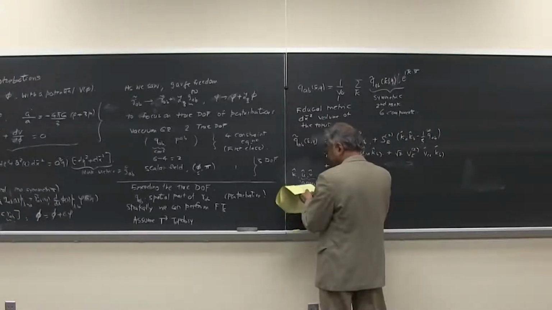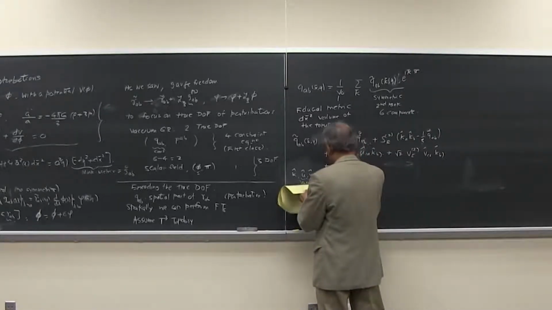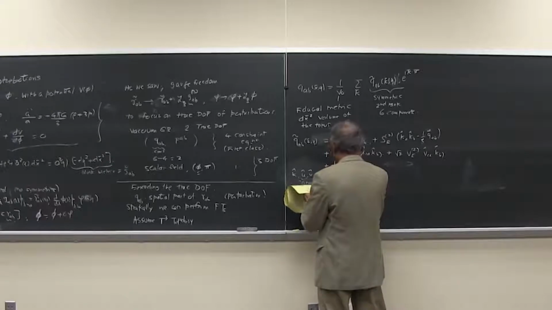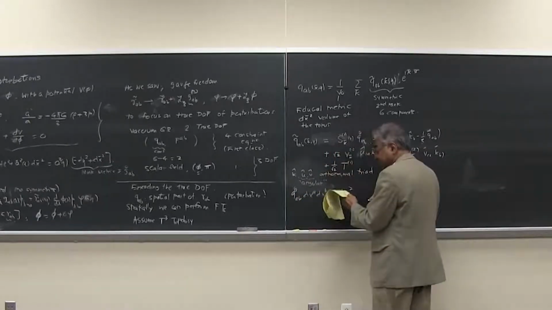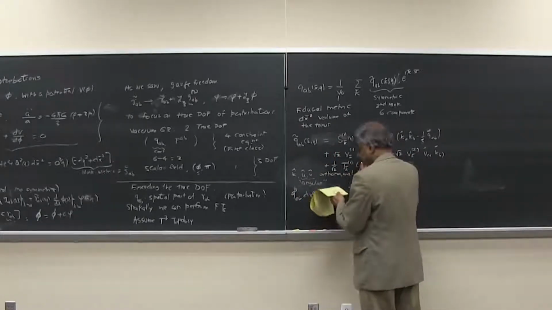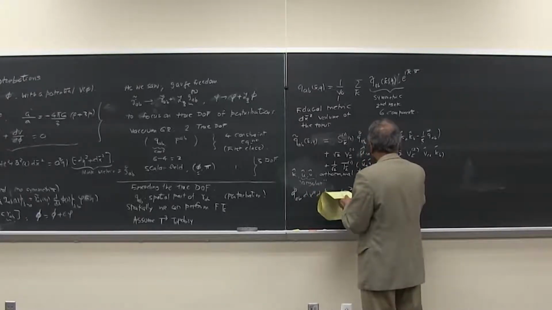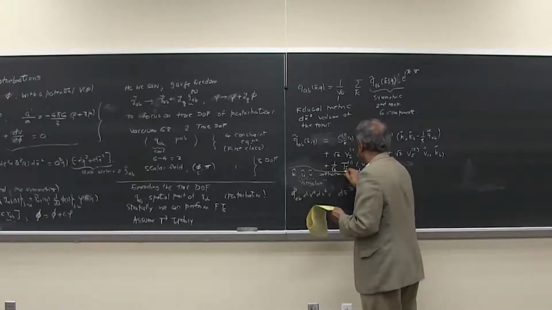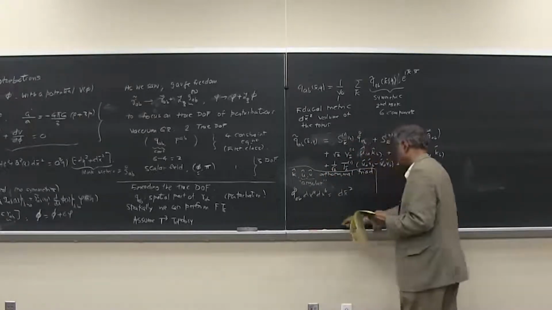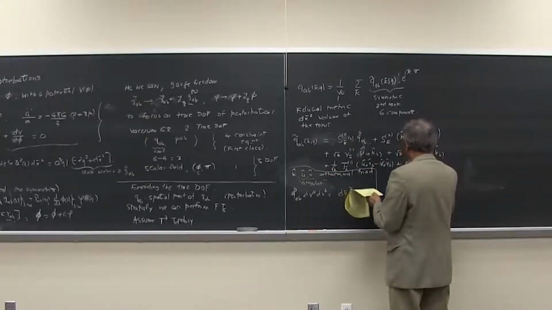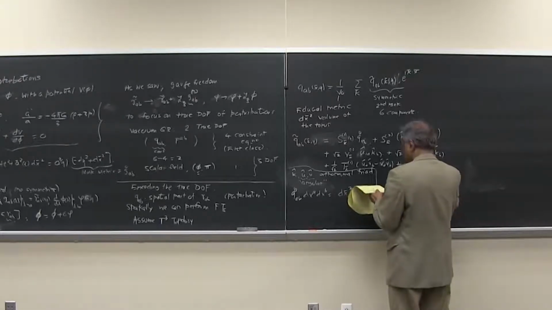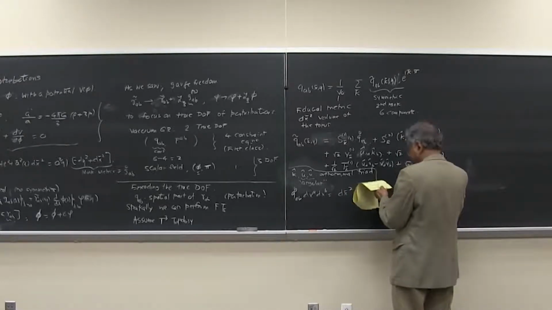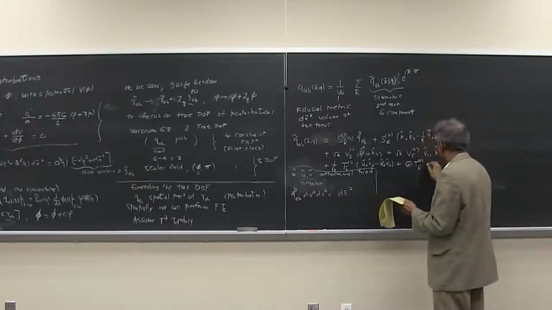I'm going to get two modes up here, so it's going to be equal to 1 upon square root of 2 times the first tensor mode k times u hat a, u hat b minus v hat a, v hat b, plus square root of 2 times the second tangential mode, second polarization, second tensor mode u hat a.